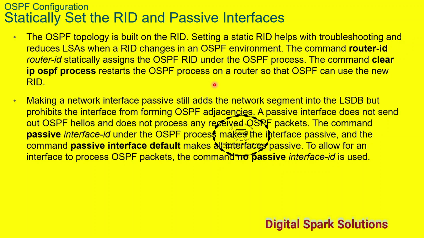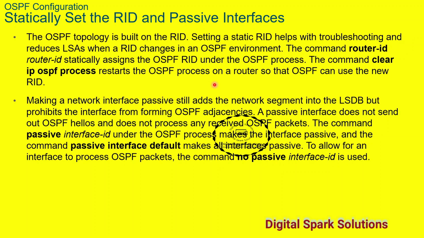Making a network interface passive still adds the network segment into the LSDB, but prevents the interface from forming OSPF adjacencies. A passive interface does not send out OSPF hellos and does not process any received OSPF packets.